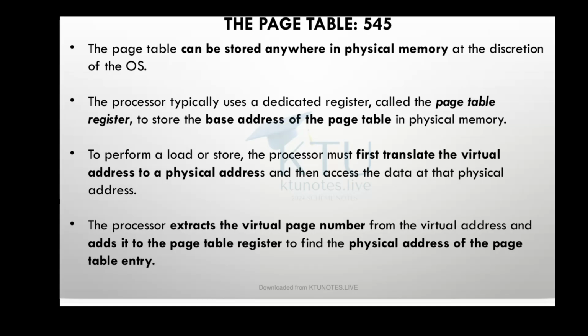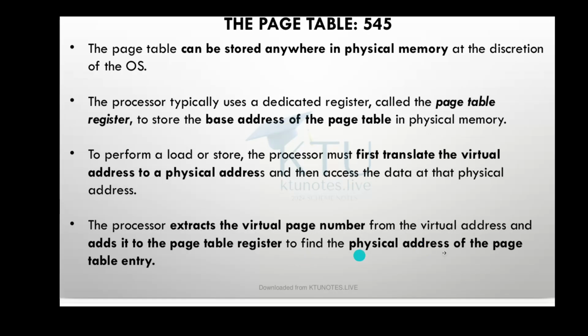The page table is stored anywhere in the physical memory, and the page table register stores its base address, so whenever you need to access the page table, you can use this base address. First, from the virtual address we extract the virtual page number and add it to the page table register. Then you get the physical address of the page table entry.